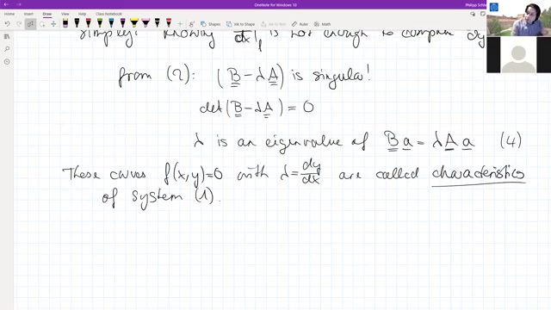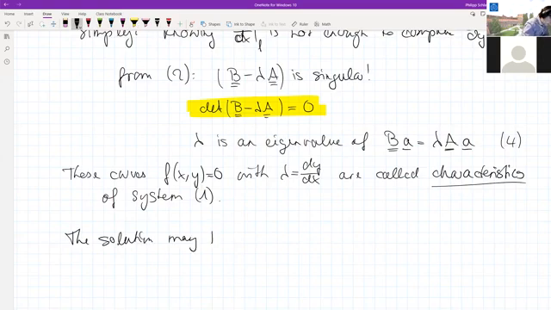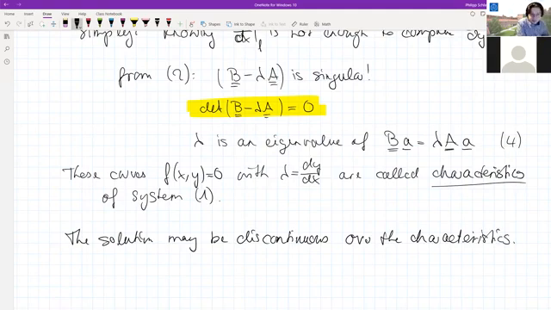That it is inhibited from going across is exactly expressed in this equation here. So the solution may be discontinuous over the characteristics. It doesn't have to be, but it may be.